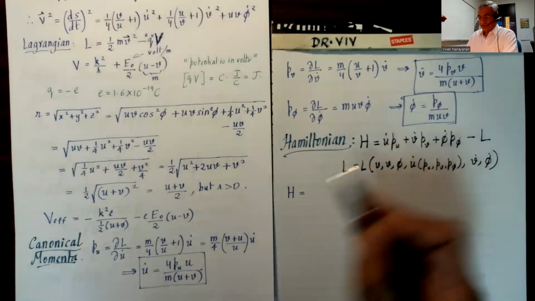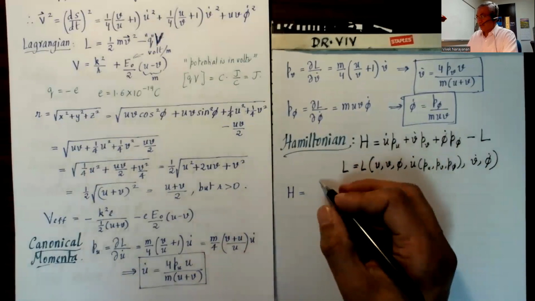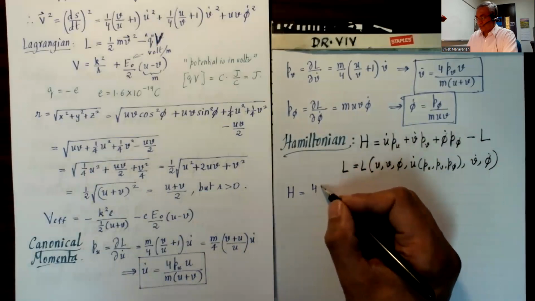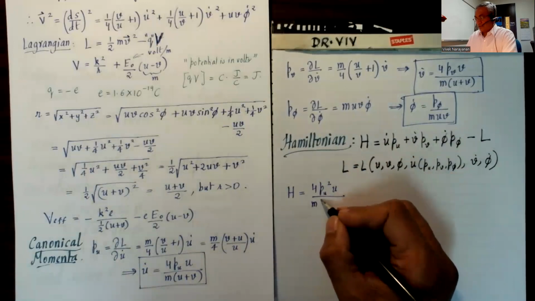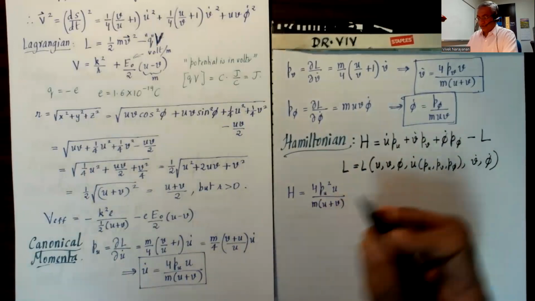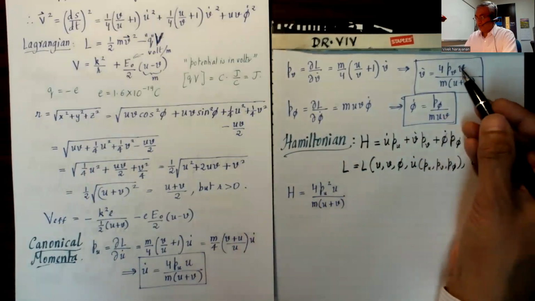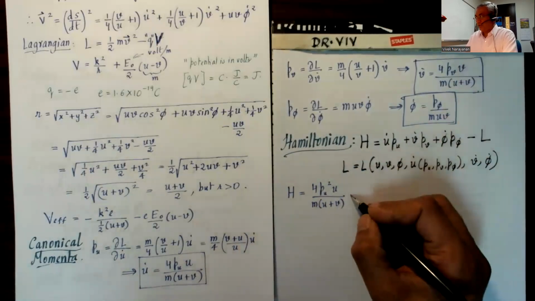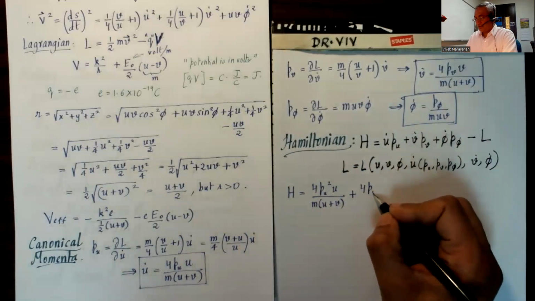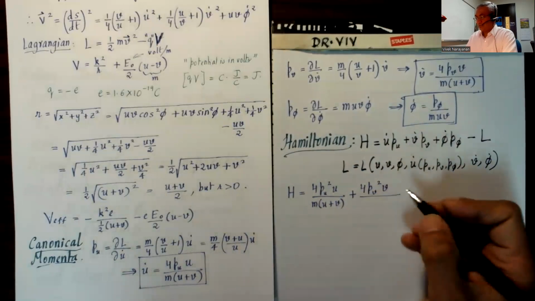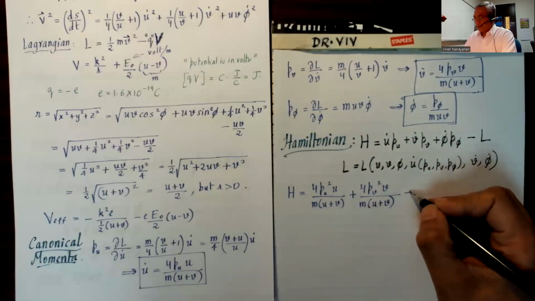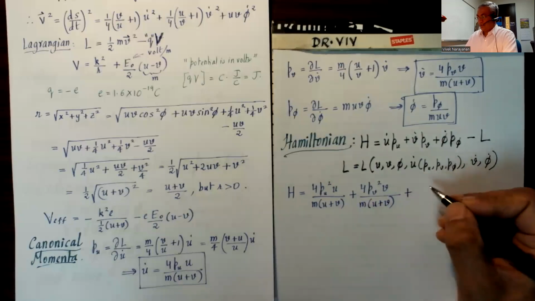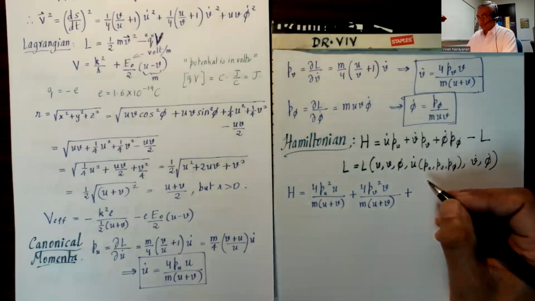When I multiply u dot, which is right here, with pu, I'm going to get basically just the square of the pu there. Similarly, I'll just square the pv over here. And then square the p phi.